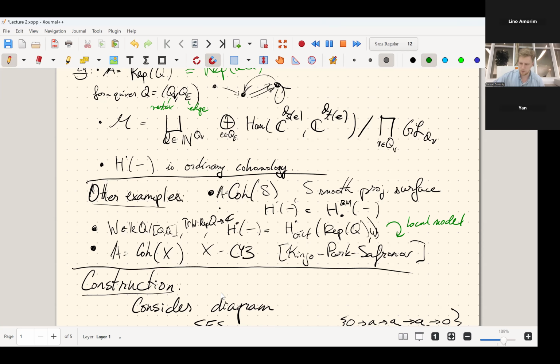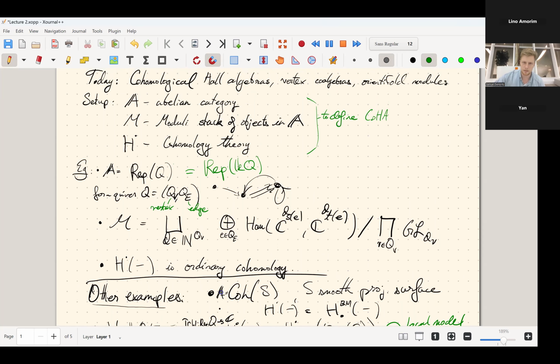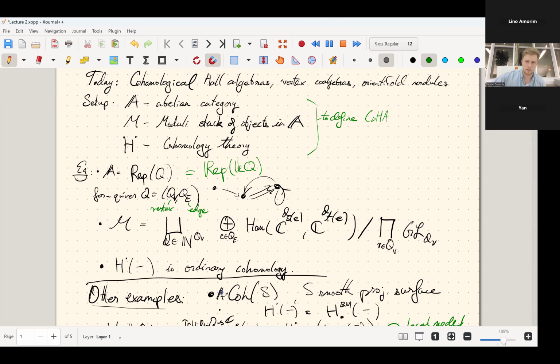So this extra twist that goes from the meromorphic coproduct to the full coproduct has the properties that you would expect for an algebra which is preserved under changing the stability condition.